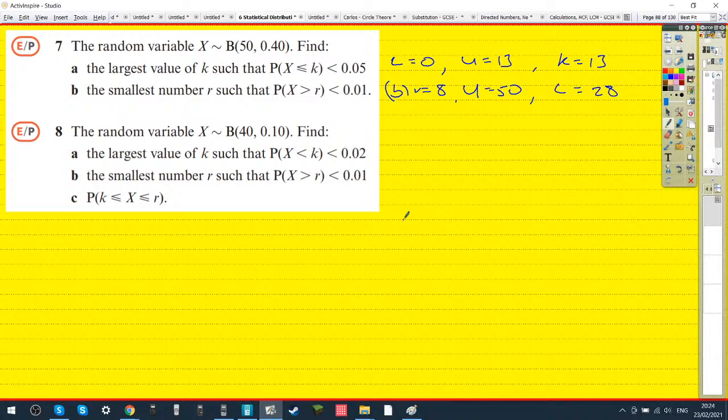You guess the lower. You want x is less than k. So you'd be guessing the upper. Okay. Yeah. I'll leave it. Or, well, okay, go on. Try A. Okay. So the largest value. Yeah.